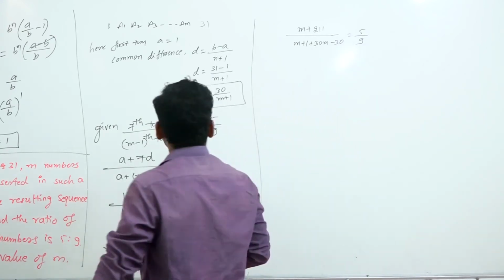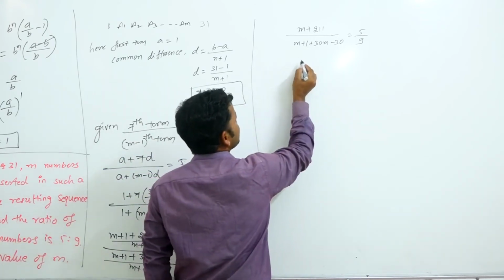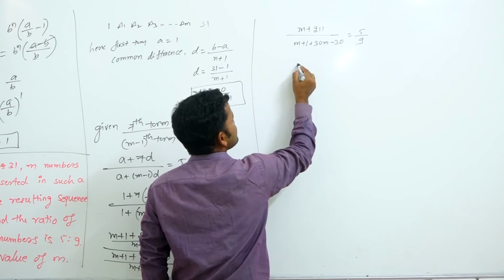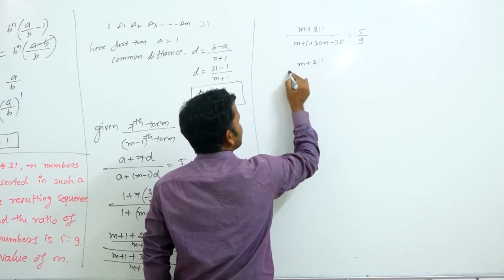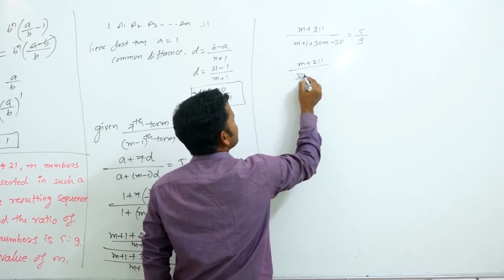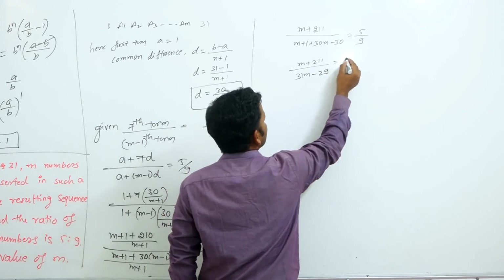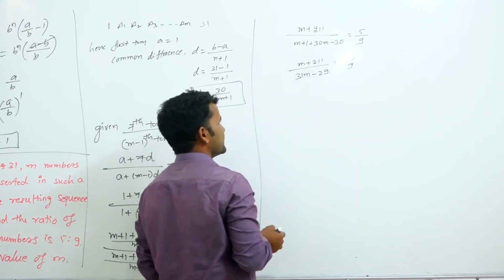Okay, we have here, cross multiplying, otherwise you simplify this. (m plus 211) by (30m plus m, that is 31m, minus 30 plus 1, minus 29), which is equal to 5 by 9.